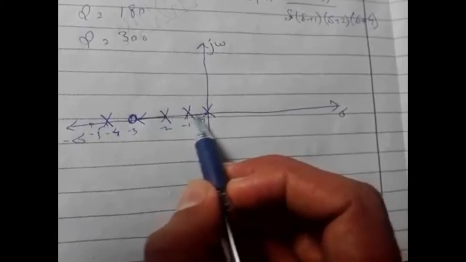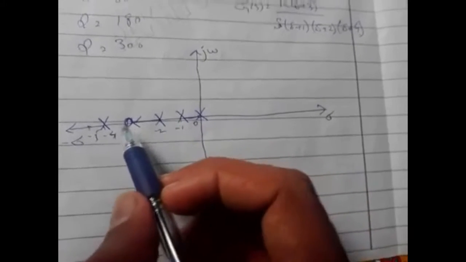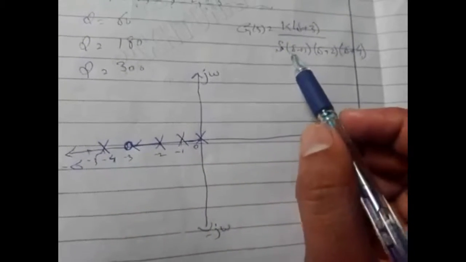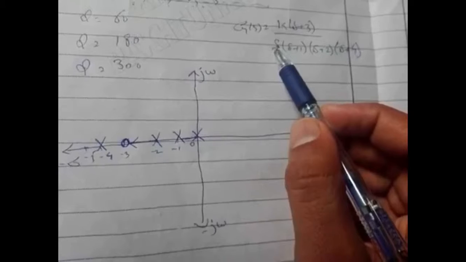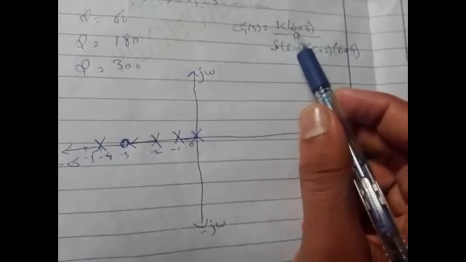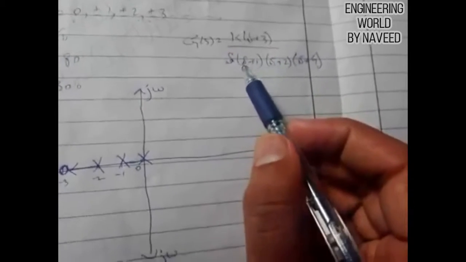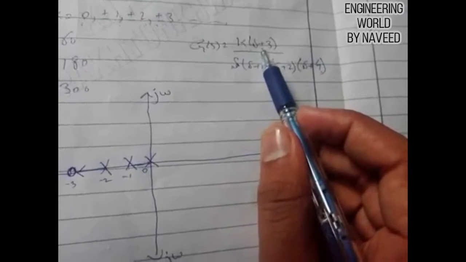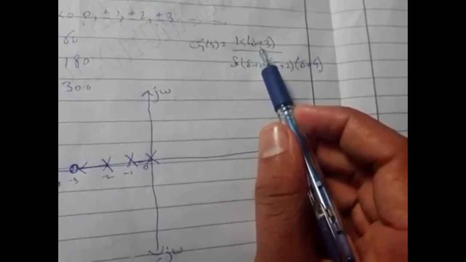Between these poles there is a breakout point, and here we have 4 poles and 1 zero, so it means that 3 branches go to infinity. I already found the sigma value, which is -1.33, so let's suppose this is the -1.33.